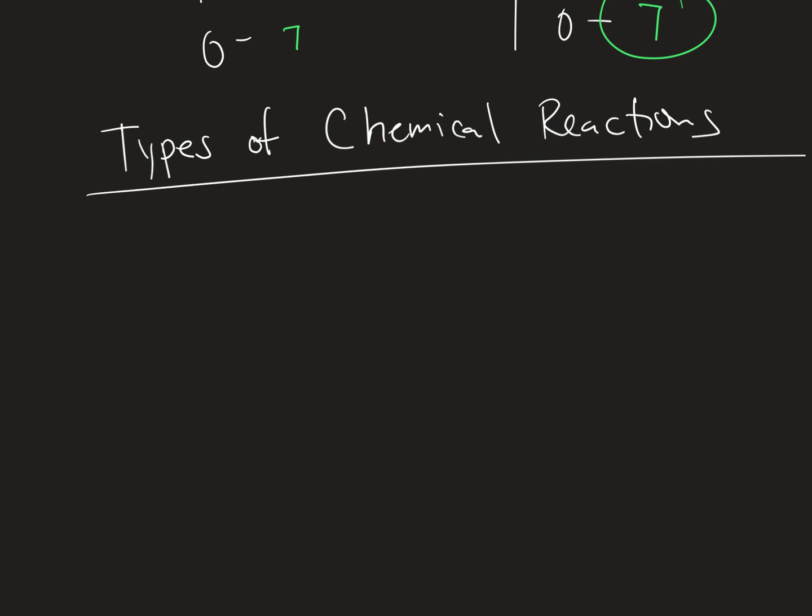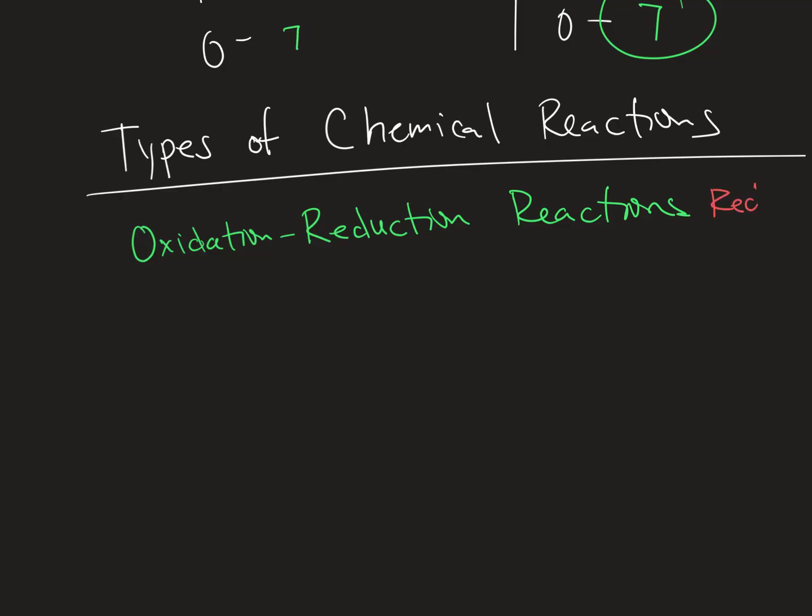So the first type of chemical reaction is called oxidation reduction reactions. Oxidation reduction, sometimes called redox reactions, these are when electrons are transferred. So when electrons are transferred in a chemical reaction.